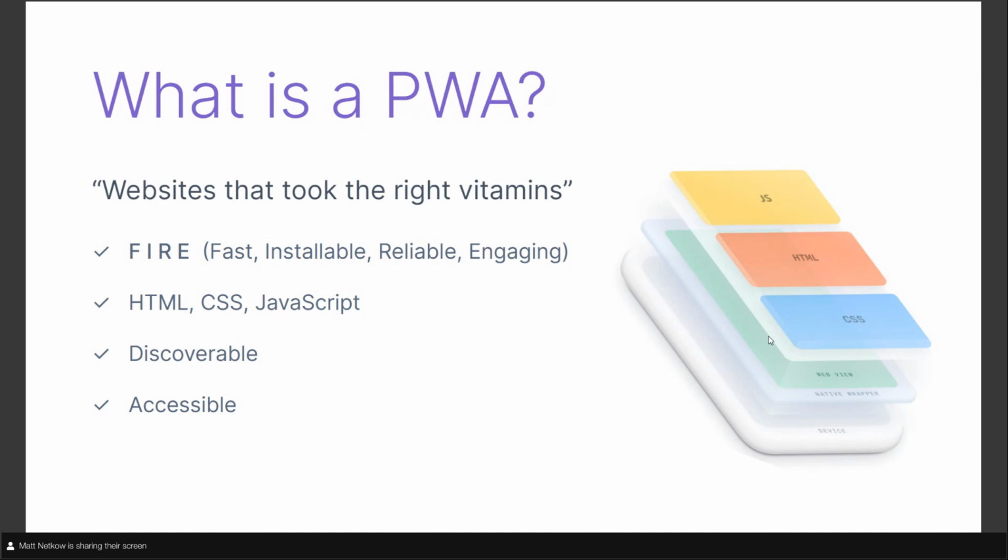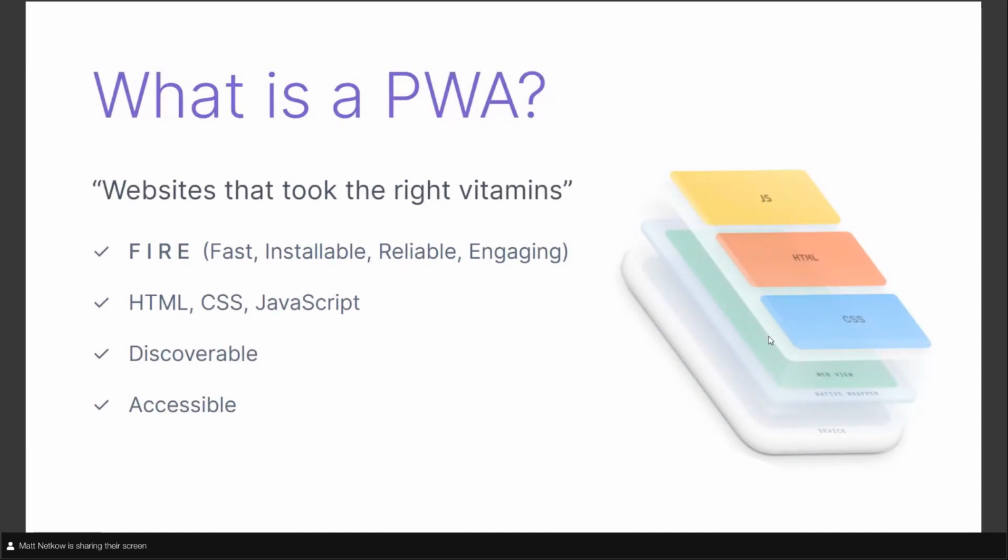And what we're going to cover over the next few minutes is the FIRE acronym, right? So that's fast, installable, reliable, and engaging. So it's about building modern app experiences for your users that are fast. So of course they load quickly. They're installable just like native mobile apps. Your users can add your PWA to their home screen.